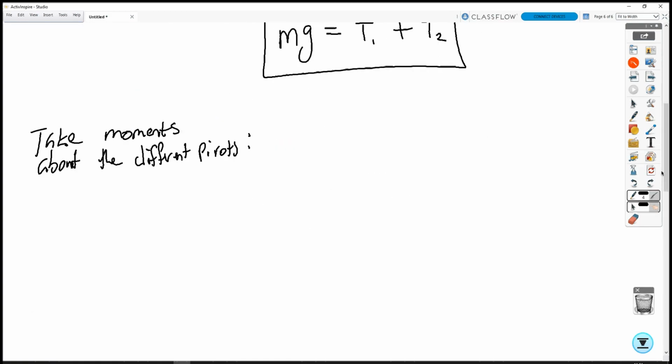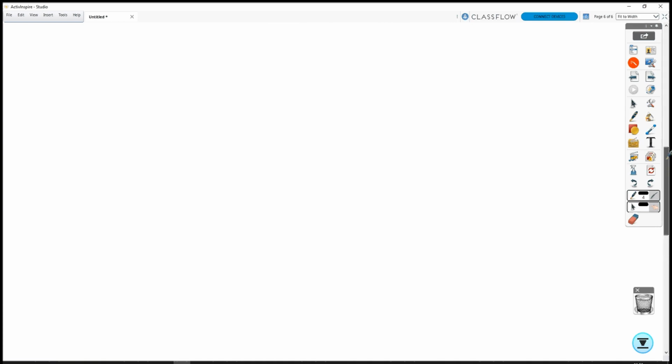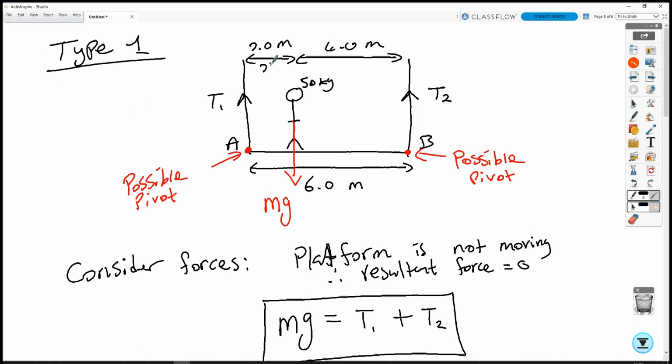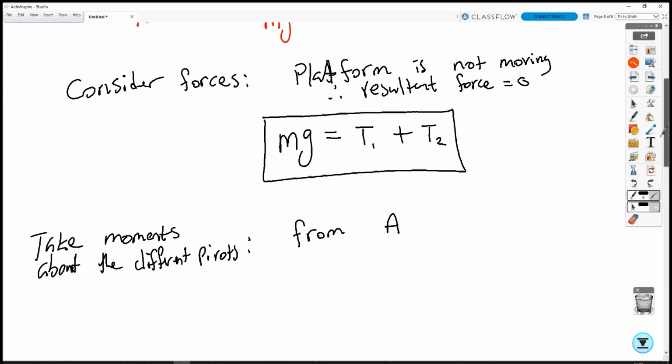So let's take moments from A. From A, the moment from the man was mg times his displacement from A, which was 2 meters, or we could call that x1. If we relabel this as x1, x2, we can put the numbers in at the end.